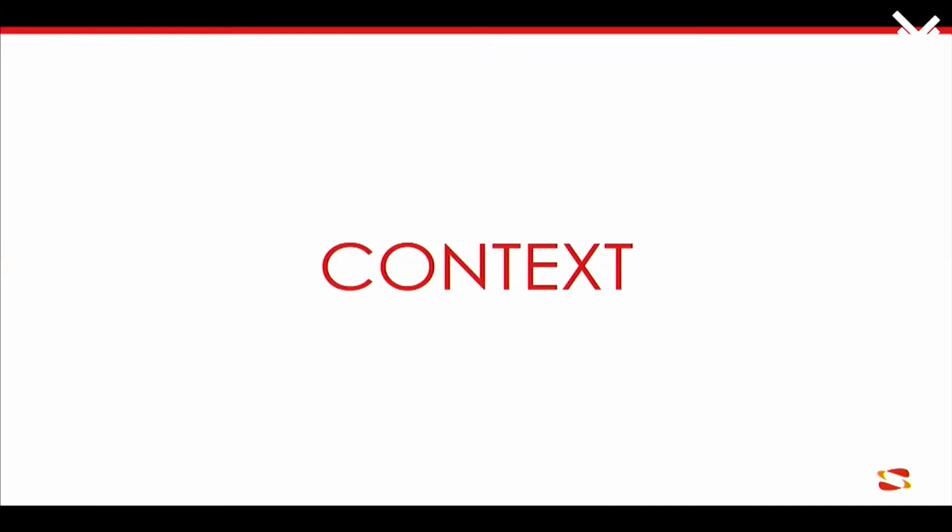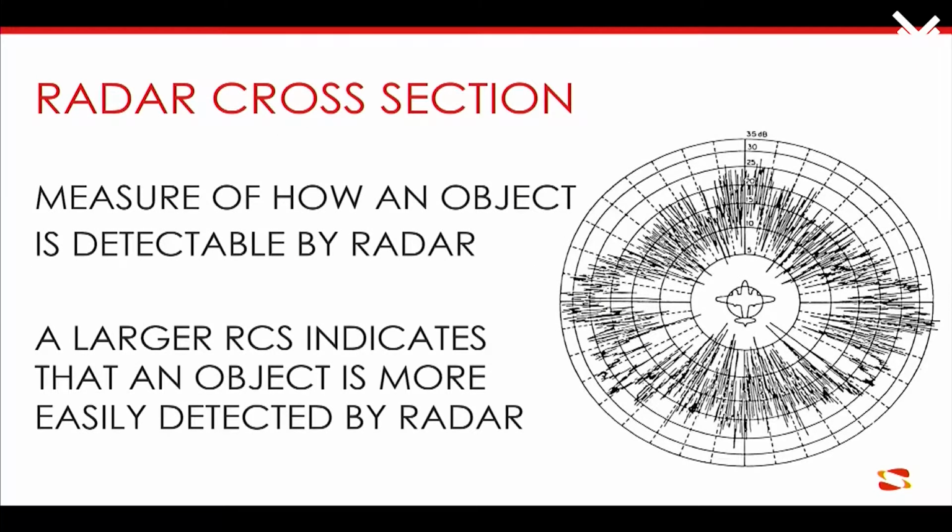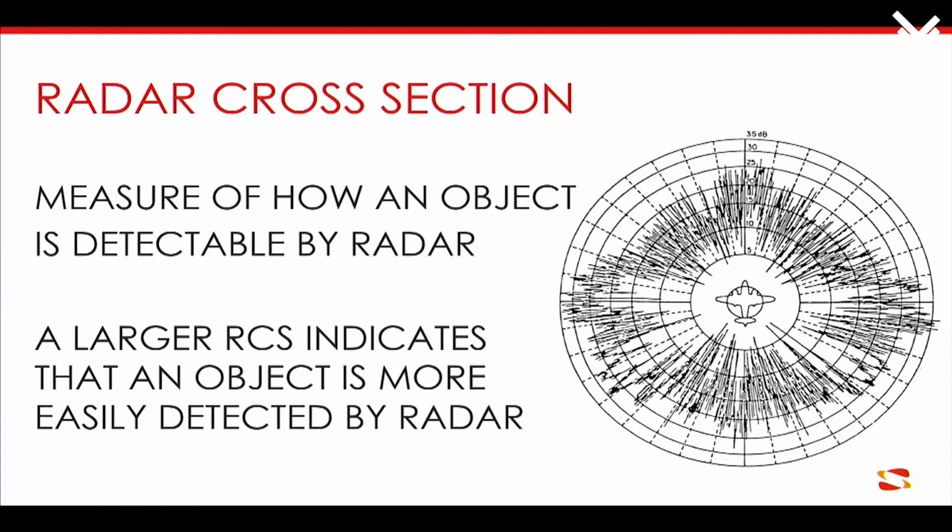Firstly, the context of the application. Radar cross-section, RCS, in French, surface équivalente radar. It's a measure of how detectable an object is by radar. A large radar cross-section indicates that an object is more easily detectable by an enemy radar.